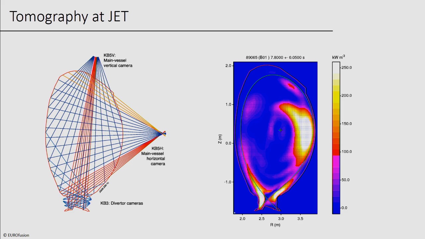For those of you with a mathematical background, it's measuring the line integral, okay? If you sum all the radiation along this line, you get a result that is being measured at that detector. So we have about 24 lines of sight from here, 24 lines of sight from there, a few more reserved channels, so in total we have 56 lines of sight.